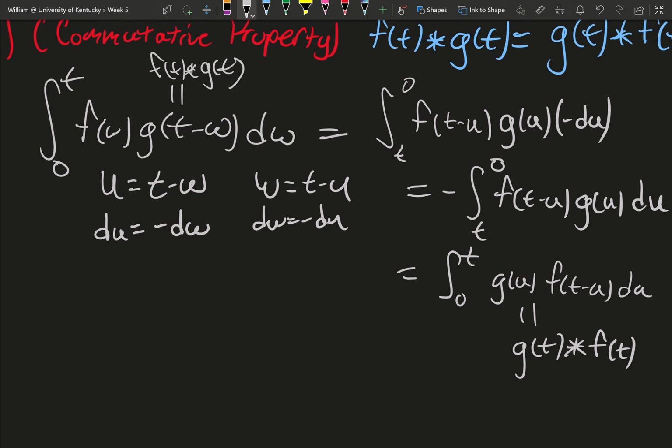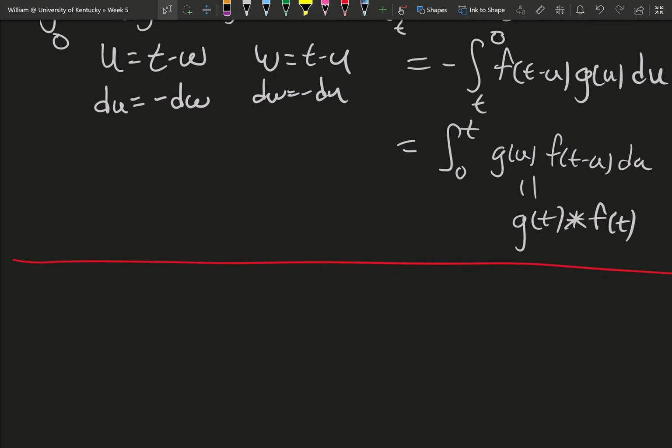All right. So this commutative property is actually insanely useful sometimes. So let's close with one last example. So I want to compute the convolution of t with t to the 5th.